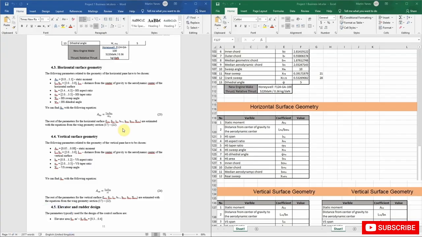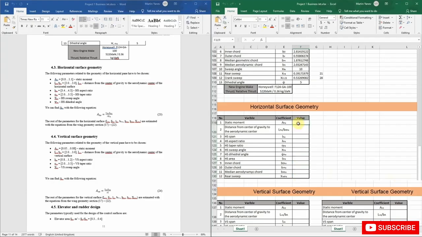So here we are in our workbook, and you can see that the section for the horizontal surface geometry is actually not that big. Here we're going to use one very interesting technique. There is one equation for the static moment, and we want to keep the static moment of the horizontal stabilizer between 0.8 and 1.1. So I'm going to write the equation for the static moment first, even though I don't have all the rest of the variables.